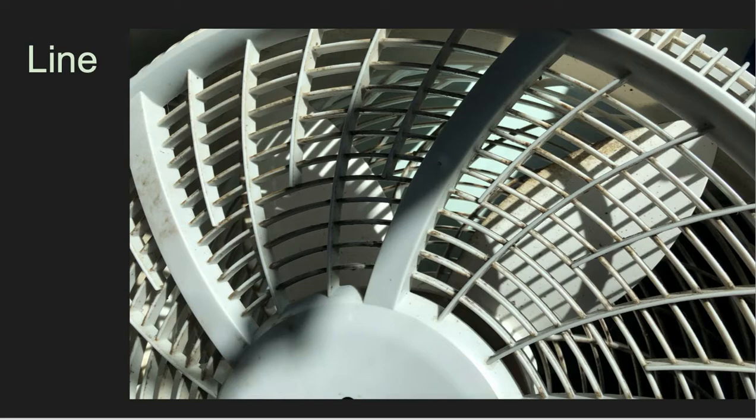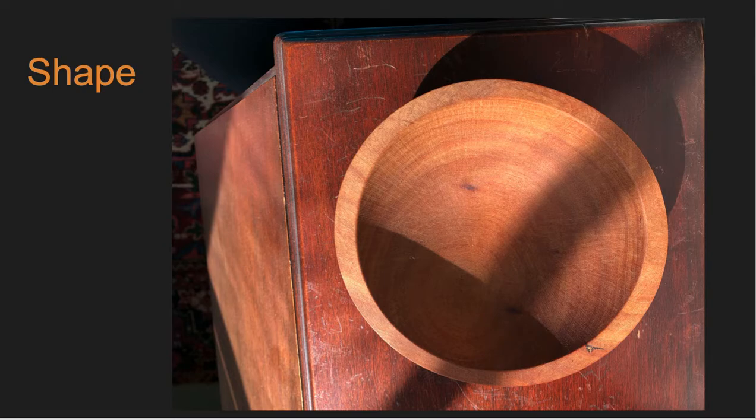It's all about line. And that's what you're going to look for when you're doing these slides: what can you find in your home to photograph that really brings home the element. Now this is the element of shape. So I have this wooden bowl on a desk in my dining room. And if I had photographed this from the side, it would not be shape because we would see how three-dimensional it is.